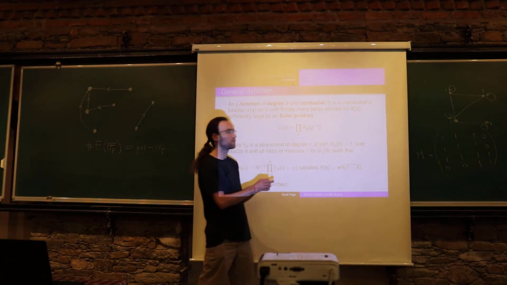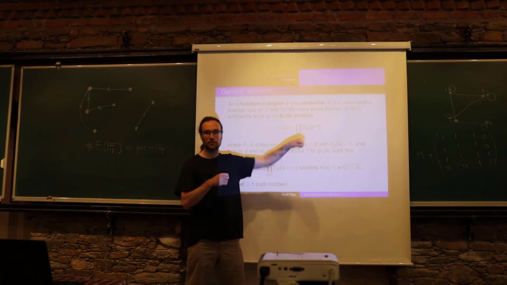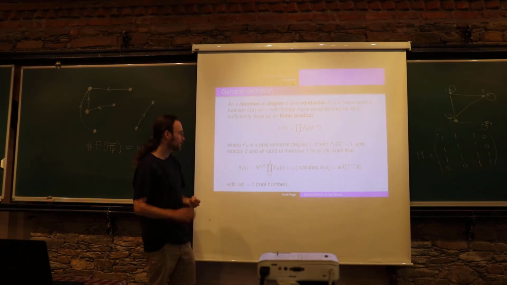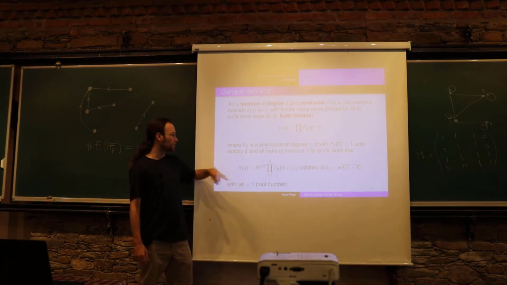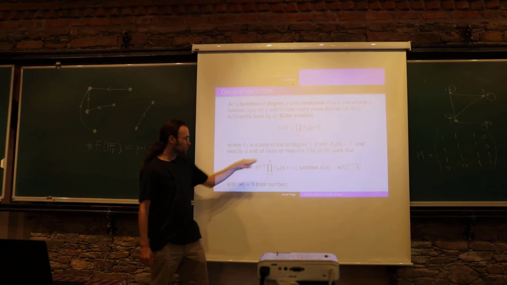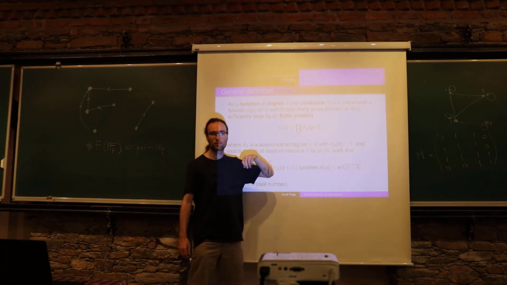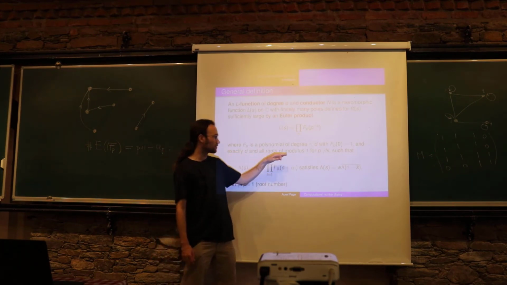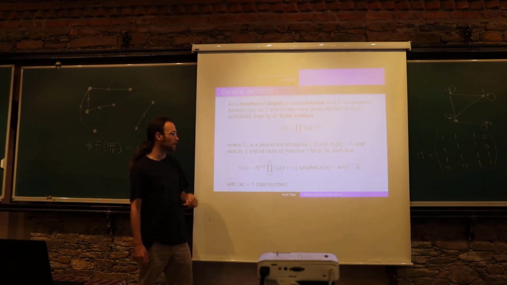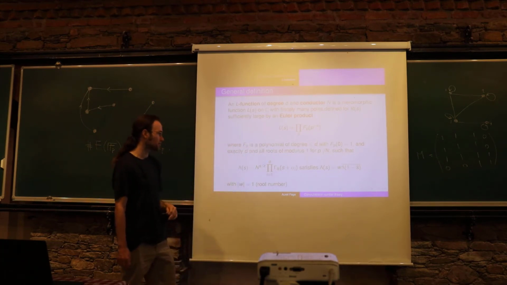This is just to make them of the form 1 plus p to the minus s plus etc., which ensures convergence. And the degree should be exactly d, with all roots of the polynomial of modulus 1 for p that doesn't divide n. So for the good primes, you should have exactly degree d and all roots of absolute value 1. Again, if you look at the previous examples, that's a generalization.